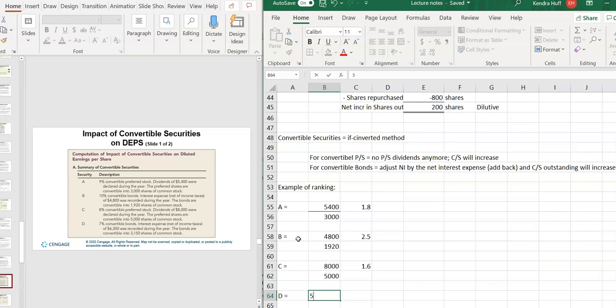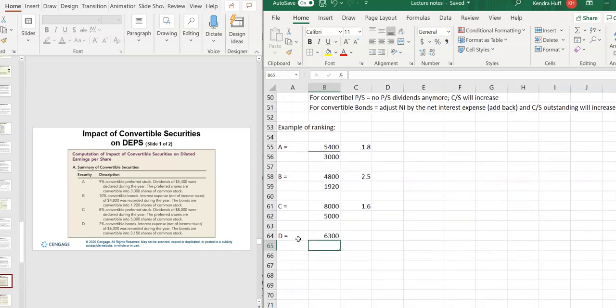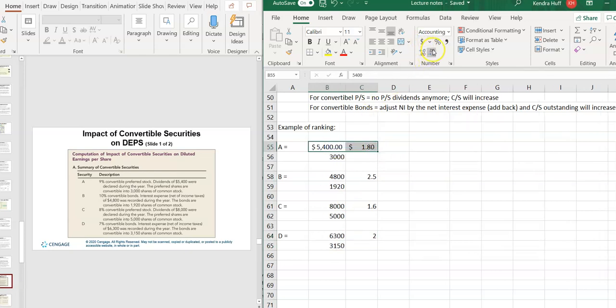Interest expense net was $6,300 divided by 3,150 shares. All right, so this is dollars. And this is shares.